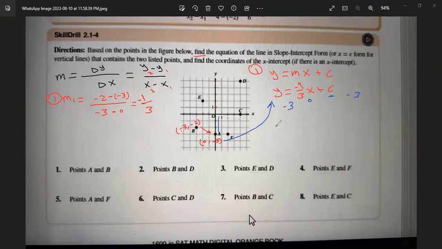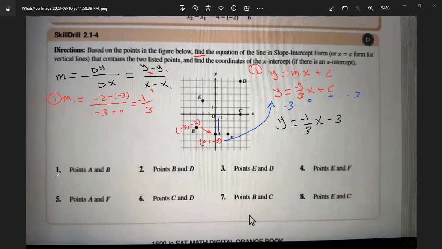So the number 1 answer is y equals negative third x minus 3. We can write it in black, number 1, here or wherever. Y equals negative third x, sorry, minus 3.